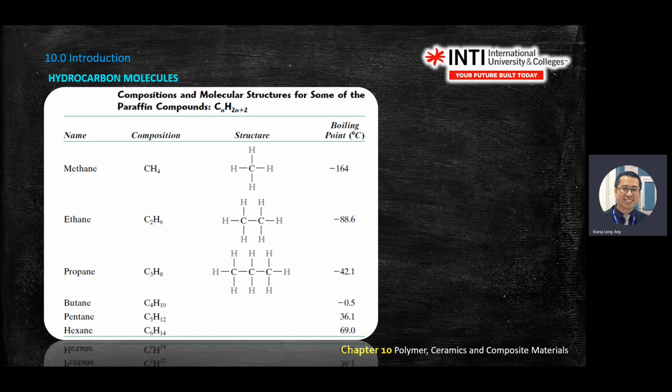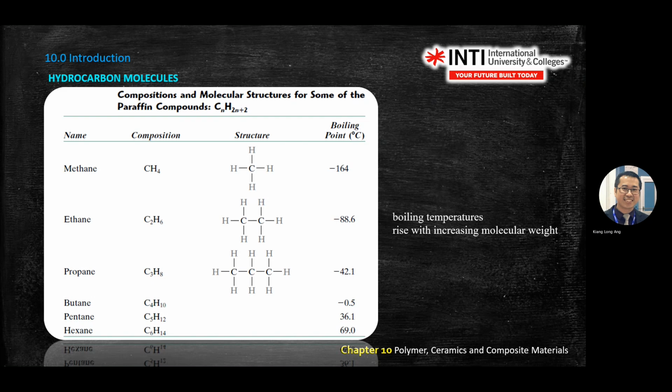What needs to be highlighted here is that you see the boiling temperature from -164, and as you increase the molecular weight, with more carbon and more hydrogen, the boiling temperature goes from minus something to a positive value.